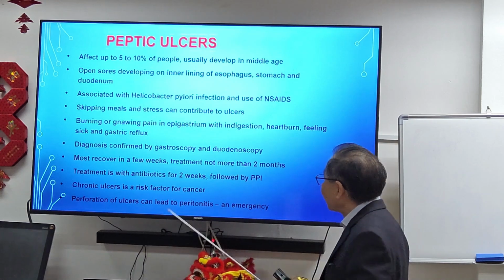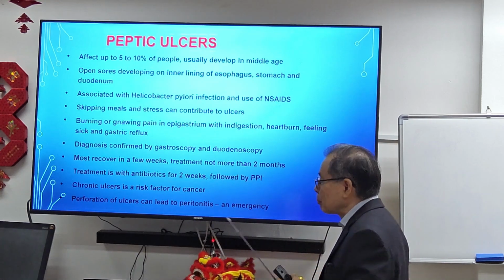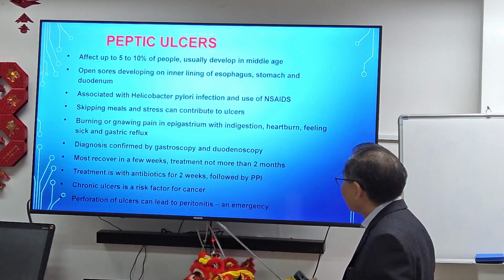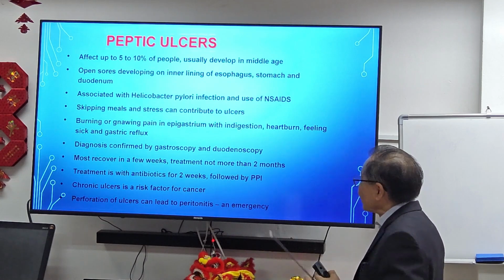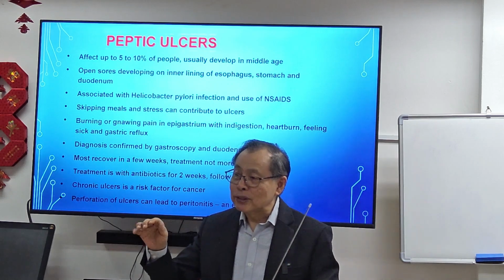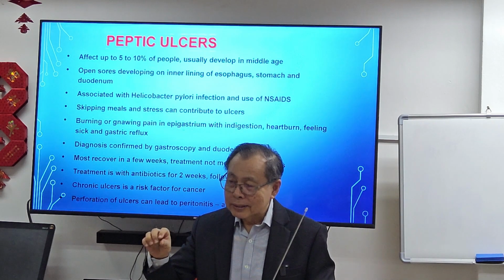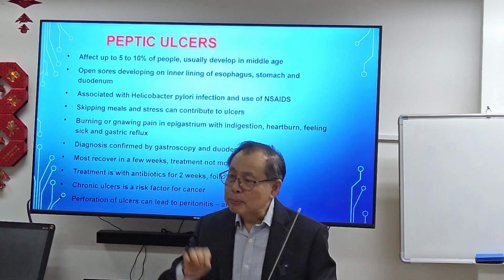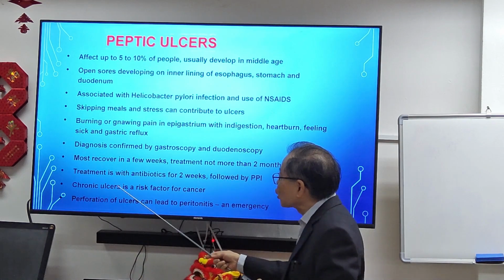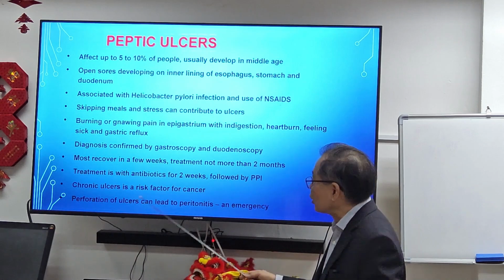And then you follow by what is known as a PPI, proton pump inhibitor. This commonly now is omeprazole, which prevents your cells in your stomach from producing the acid. Now, if it's chronic, it's a risk factor for cancer.